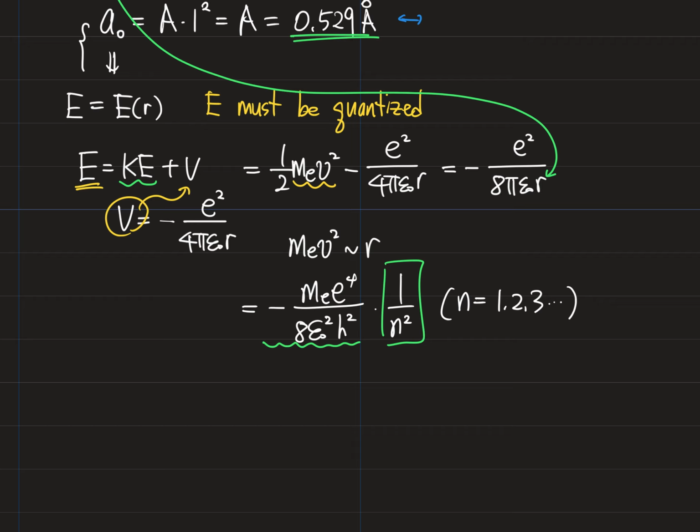Now let's look at the transition between the allowed energy levels. So far we discussed the hydrogen atom's structure, but it is still not directly correlated with the experimental observable, the line spectrum.